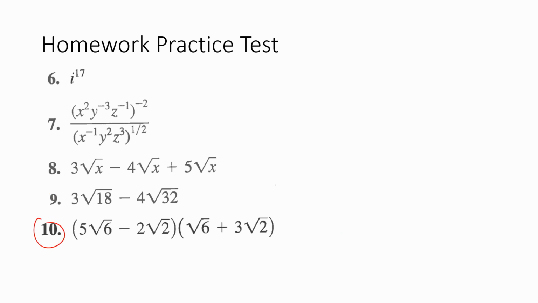On 10, we are FOILing. First, 5 times rad 6 squared. And then outside, we're going to have plus 15 rad 12. And inside, minus 2 rad 12. And last, we'll have minus 6 rad 2 squared. So this is 5 times 6, which is 30.